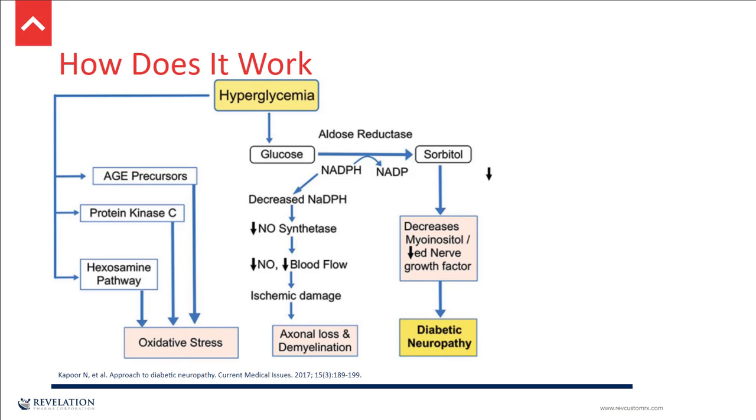And so this slide gives a good overview of the root mechanism behind how high blood sugar contributes to diabetic neuropathy. So by supporting several areas of this flow, alpha lipoic acid provides many ways to support blood sugar control and neuropathy.